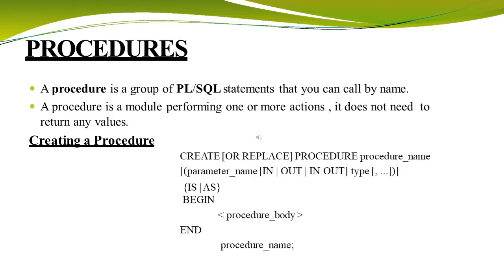And procedure, these subprograms do not return a value directly, mainly used to perform an action. This chapter is going to cover the important aspects of PLSQL procedure, and we will discuss the PLSQL functions after that the procedure.